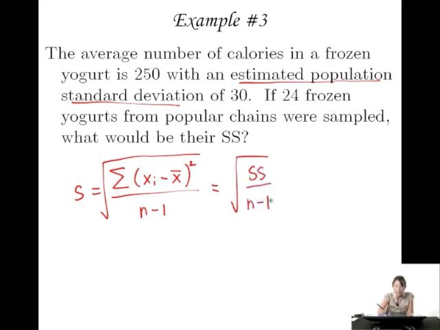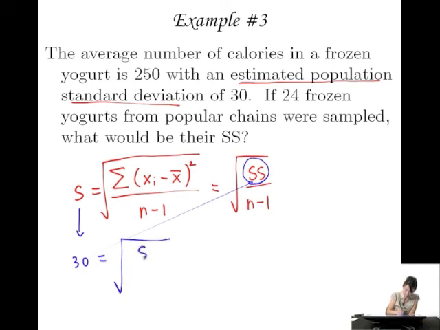All right, so let's fill in what we have. They know that the standard deviation eventually is 30, right? So this s is 30. And what we're trying to find out is this SS, we don't have that.